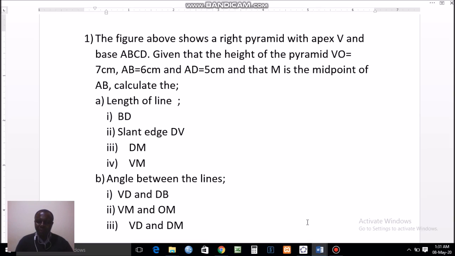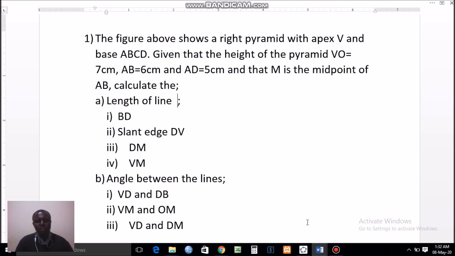I'm saying after copying the question and drawing the pyramid, settle down and attempt this question. It is important that you attempt before we go through the solution. It's very important.